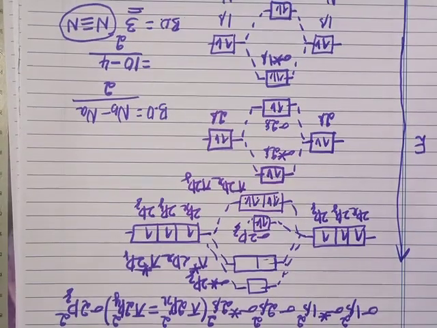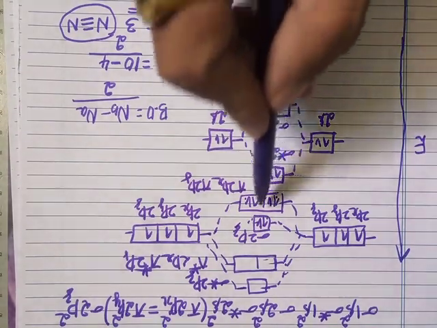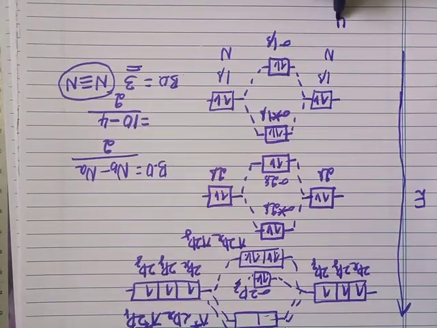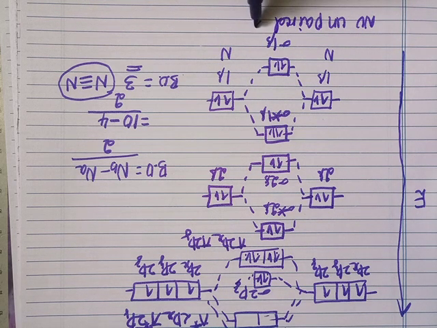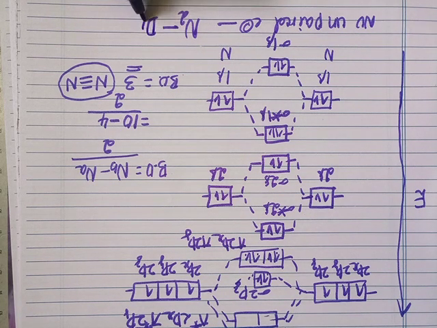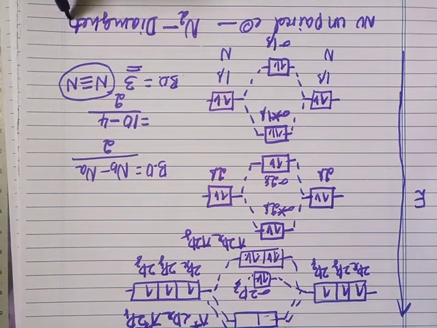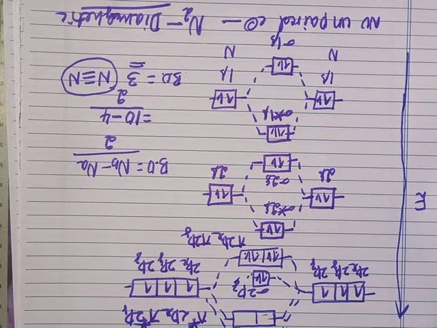Therefore the nitrogen molecule contains no unpaired electrons. So the nitrogen molecule is diamagnetic.